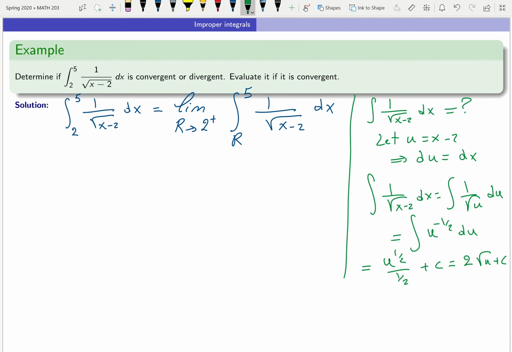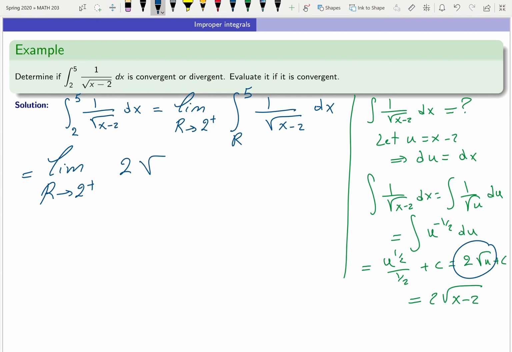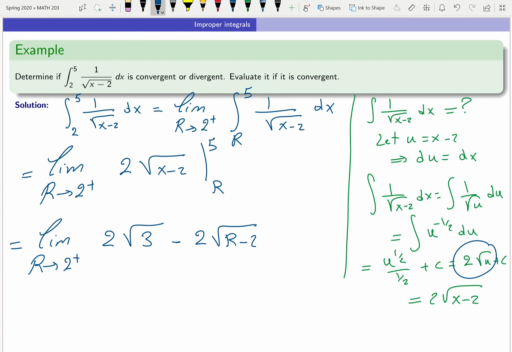Now, using this here, this is going to be the limit when r approaches 2 plus. The antiderivative, as we said, is 2 radical u, which is actually 2 radical x minus 2. So that's going to be the limit when r goes to 2 plus of 2 radical x minus 2 between r and 5. So this is the limit when r goes to 2 plus of 2 radical 3 minus 2 radical r minus 2.